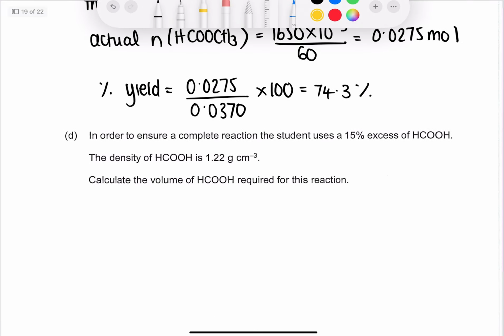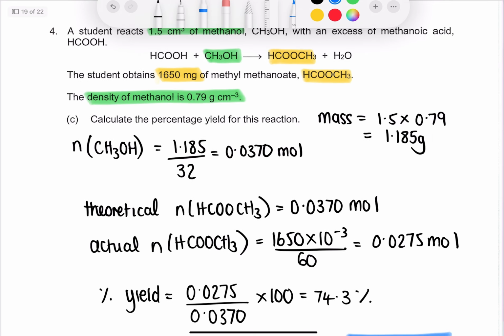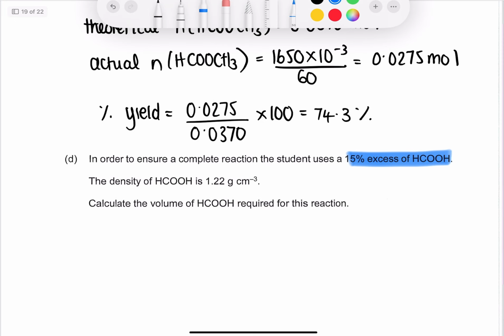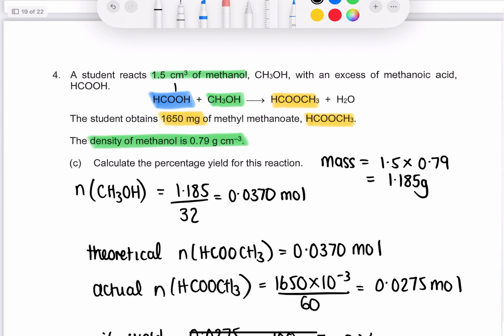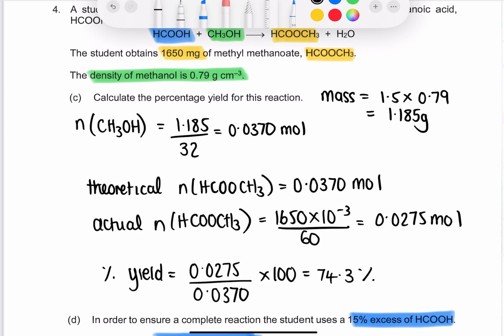It says now, in order to ensure a complete reaction, the student uses a 15% excess of methanoic acid, which is here. The density of methanoic acid is 1.22 grams per centimetre cubed. Calculate how much was needed to give us that 15%. So we go back up. The ratio between methanoic acid and methanol is 1 to 1.